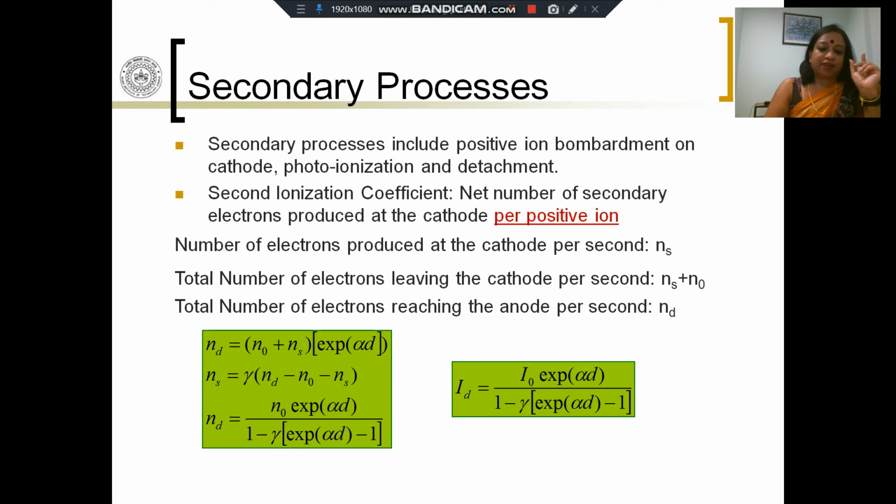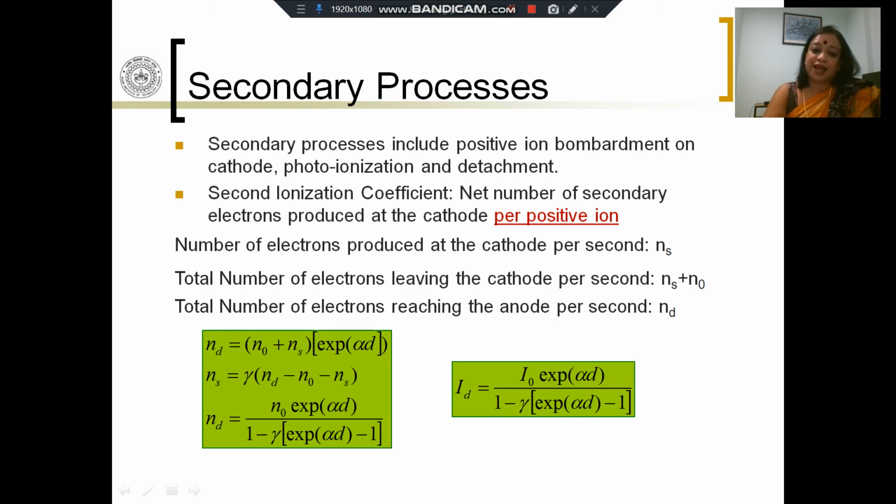So the number of electrons that have left the cathode is N0 plus Ns, and these resulted in ionizing collisions through the gap. That many ionizing collisions resulted in the increase in the number of the total electrons to Nd at the anode.